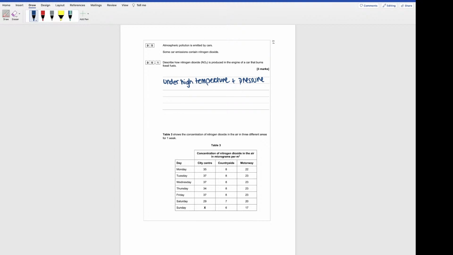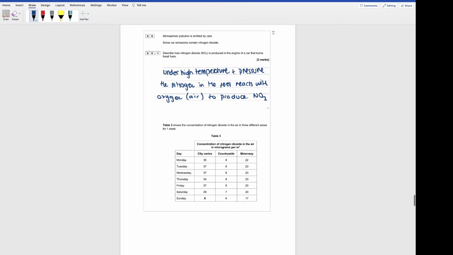So under high temperature and pressure, the nitrogen in the fuel reacts with oxygen, and that comes from the air, if you need to know, as it's drawn in, to produce NO2.